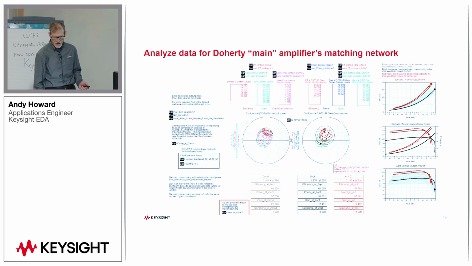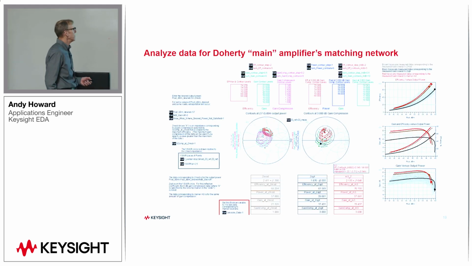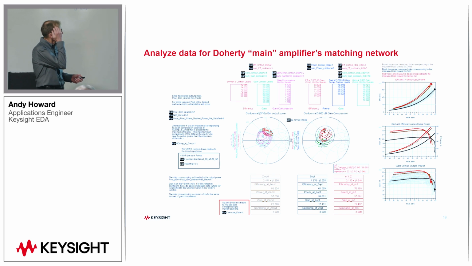Okay, so this is a plot to help you determine what impedances to present to that main amplifier, and you choose a specific output power for what's called the Z-mod impedance, where the peaking amplifier is about to turn on or is just barely on.